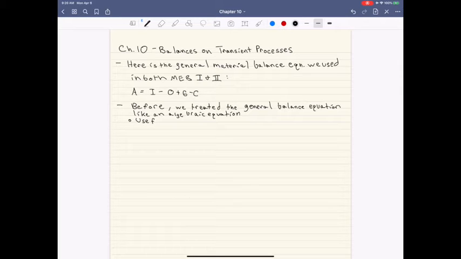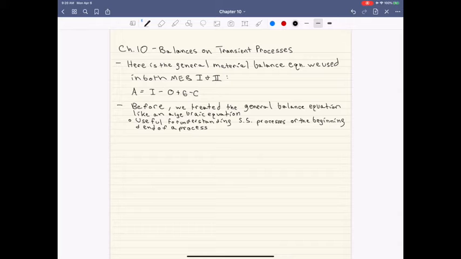So I'll put useful for understanding steady state processes or the beginning and end of a process. Okay, and so that's what you could do if you treat the general material balance equation as an algebraic equation.